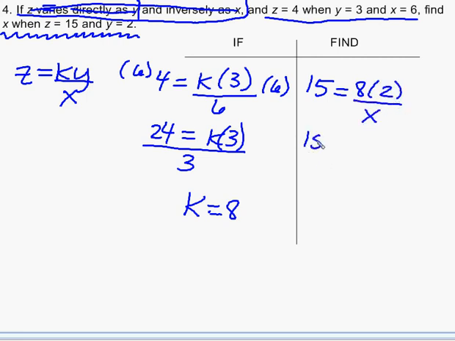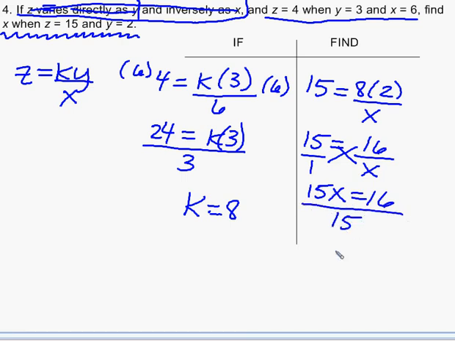Let's clean this up. So we got 8 and 2 is 16 all over x, and then cross multiply. Remember, 15 over 1. So we got 15x is going to equal 16. So x is going to be 16 over 15.